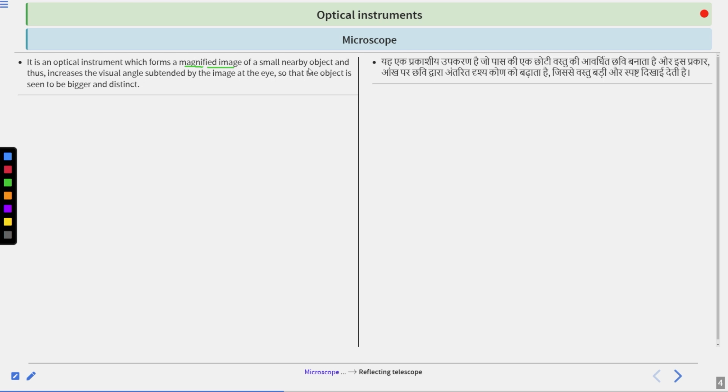It increases the visual angle subtended by the image at the eye so that the object is seen to be bigger and distant. So the main point: microscope is an optical instrument that is used to magnify images. Clear?